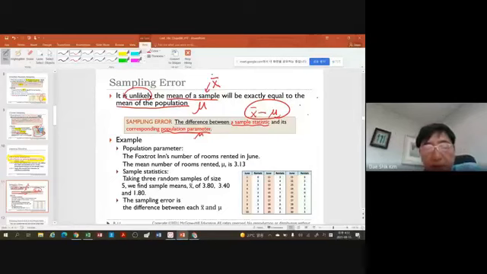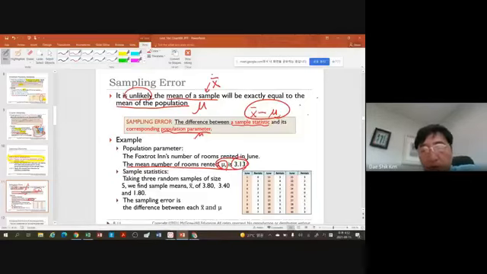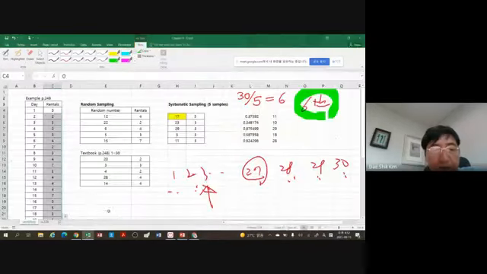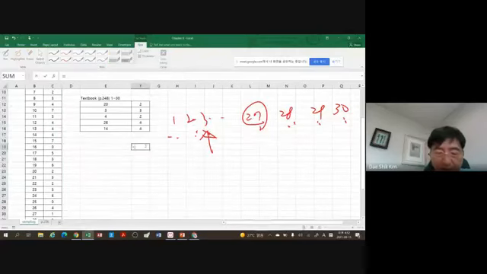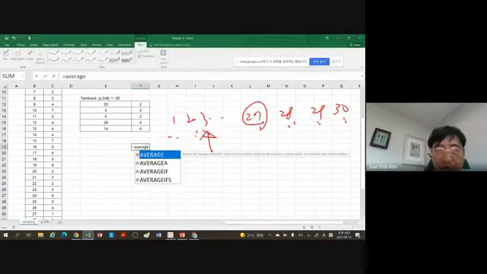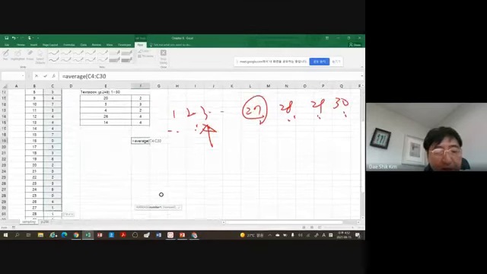Population parameter, for example, is the number of rooms rented in June, right? And the mean of the rooms is mu. When you calculate all 30 days, it is 3.13. So here you need to use the average of everybody.